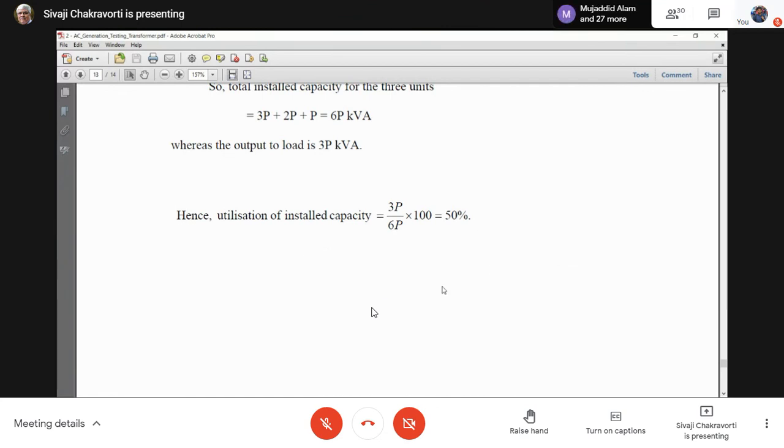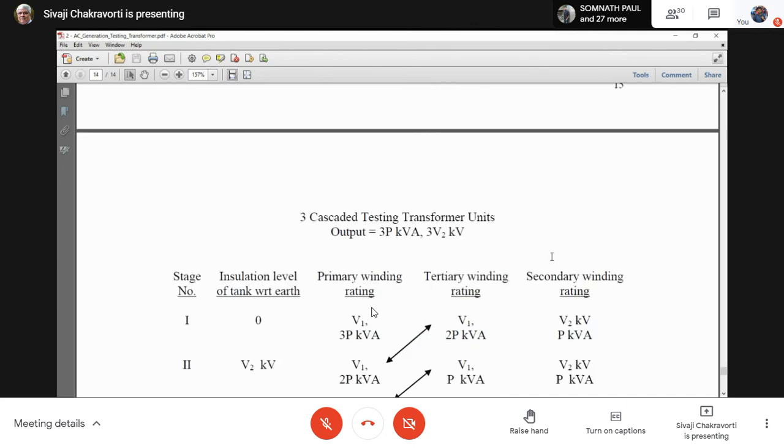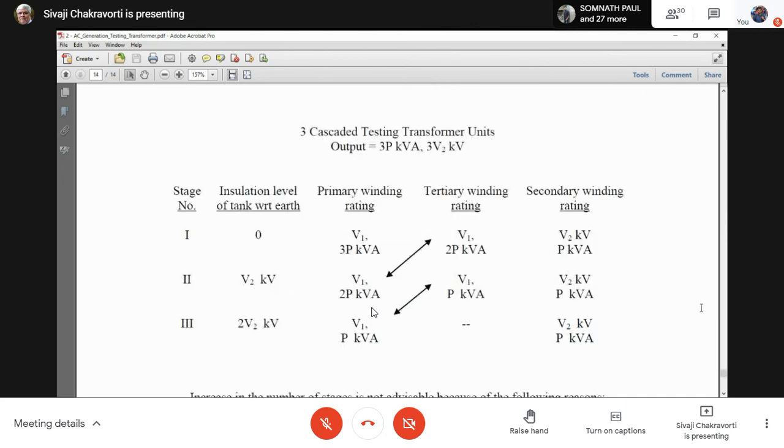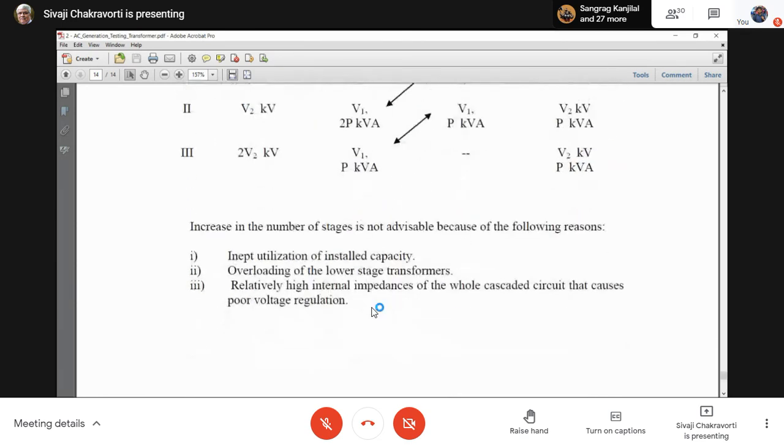If I use 3 identical transformers, this utilization will come to 33.3%. And then it is graphically represented here: on the left, stage number 1, 2, 3, then insulation level, then primary winding rating, tertiary winding rating, secondary winding rating. So if you go through it, I am sure that you will be able to understand the whole thing.